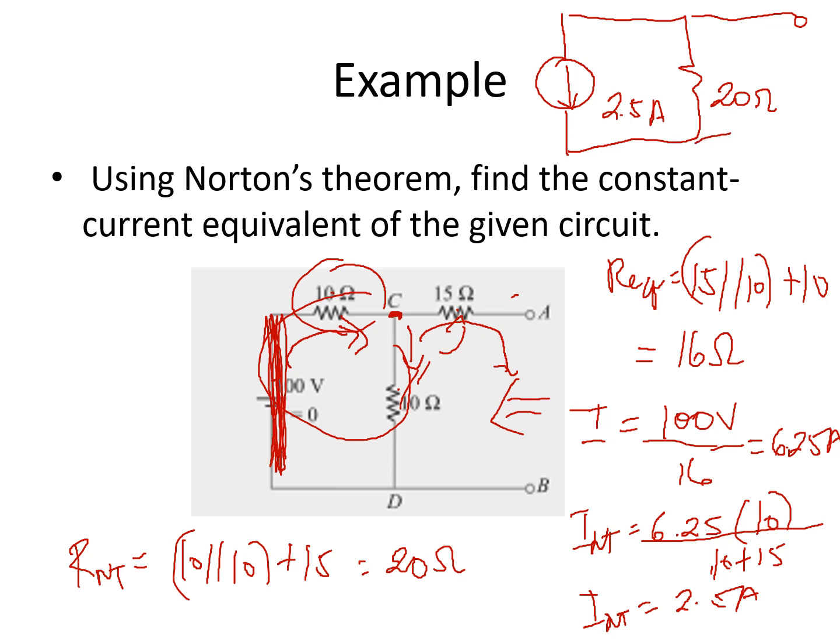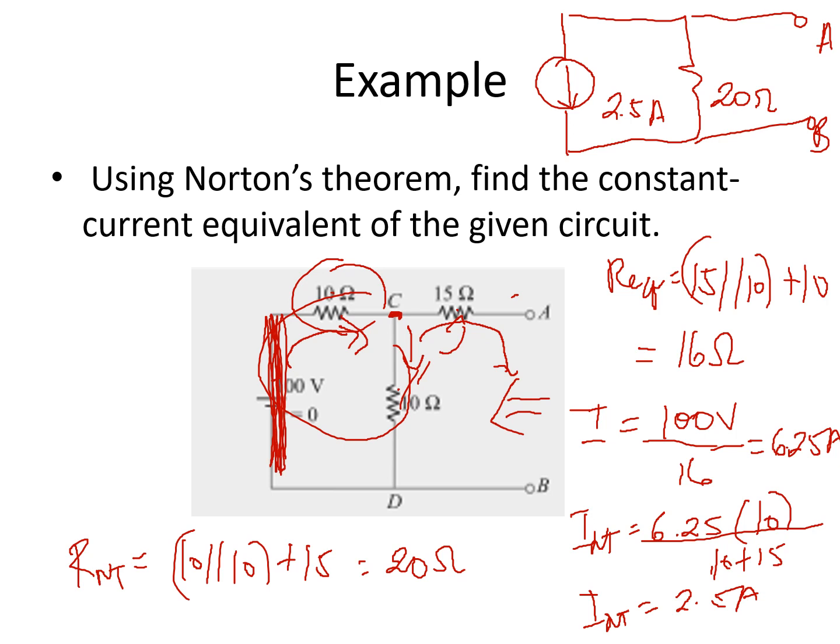And this is your point A and B. So this is our Norton's equivalent circuit, the current source in parallel with the Norton's equivalent resistance. The Norton's equivalent resistance is obtained the same way as the Thevenin's resistance in Thevenin's theorem.